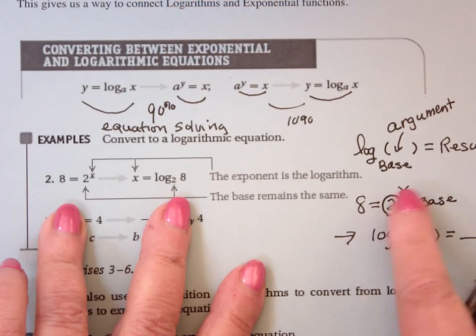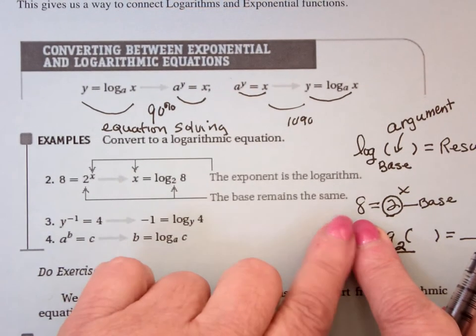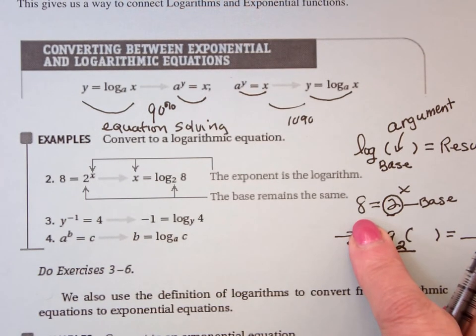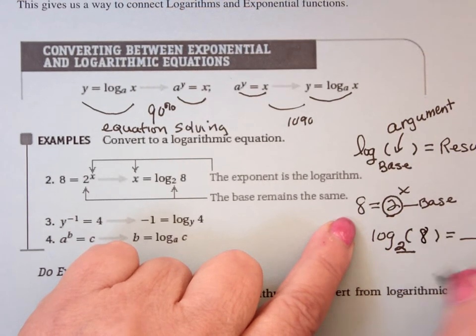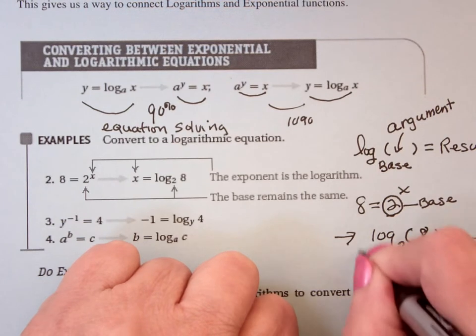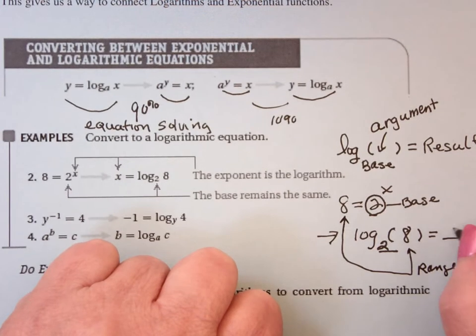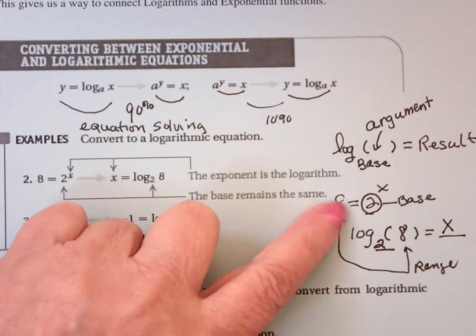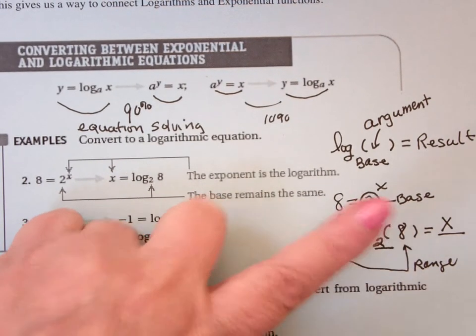Then I have a 50-50 chance of placing the 8 and the x in the right place. Well, you got to remember that the logarithm picks up the range and returns it to the domain. 8's a range value. And then that leaves the x. It's the domain value. So if I look at 8 equals 2 to the x, it's equivalent to log base 2 of 8 equals x.